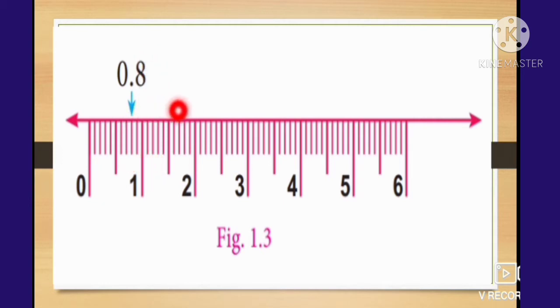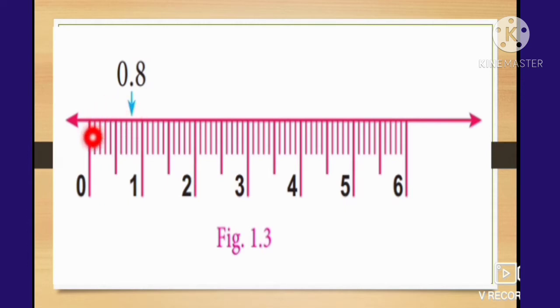We know that 0.8 is more than 0 and less than 1. Let us divide the unit length into 10 equal parts and take 8 parts as shown below. Draw a number line and divide the intervals into 10 equal parts. Now 0.8 lies between 0 and 1.